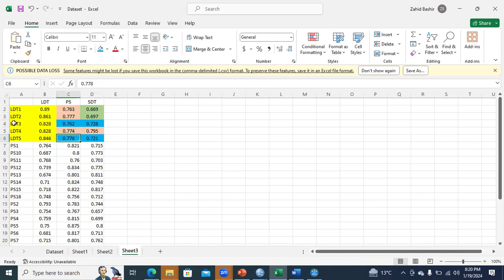There might be an issue with LDT3 and LDT5, which are appearing in all three constructs with a similar amount of variance. However, they should measure the LDT only. In the same way, you can see the same issue with the other constructs also.